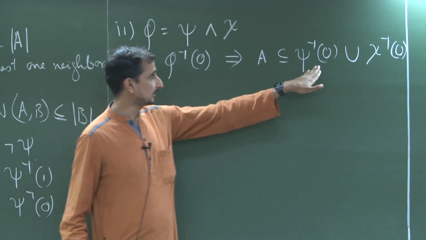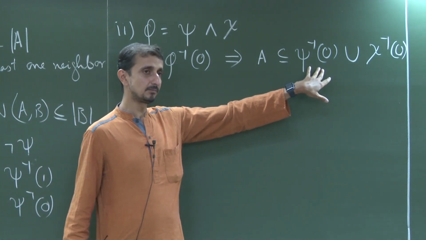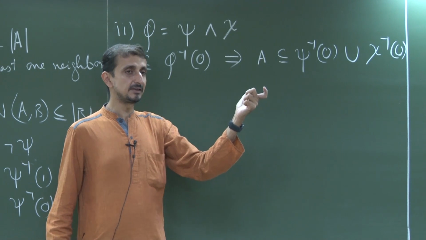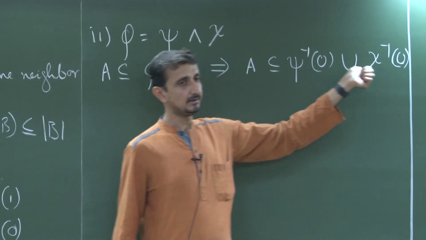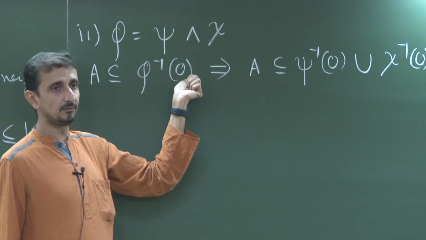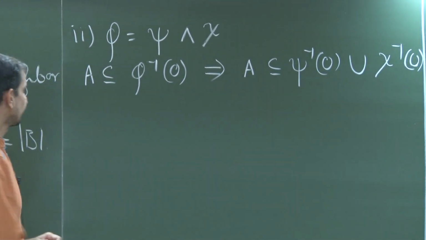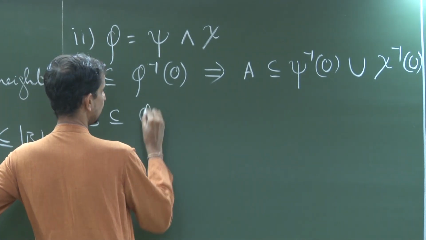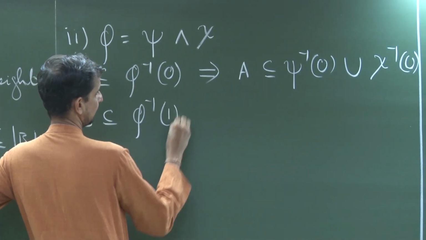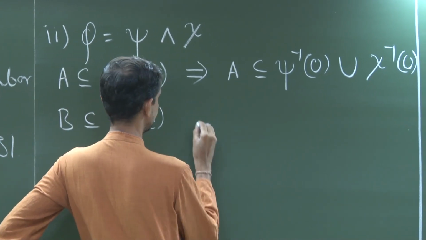So, if I have an input which is mapped to 0 by either psi or by chi, then I know that phi will map it to 0 and hence it would belong to A.